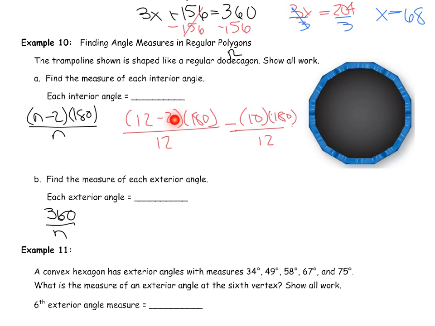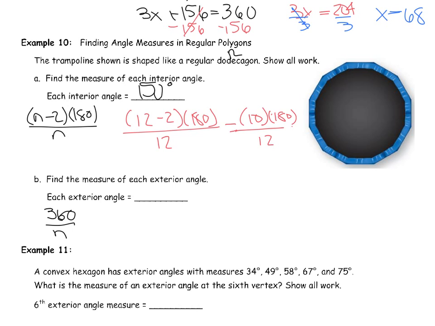When I plug it into this formula, we get 12 minus 2 times 180 divided by 12. That leads us to 10 times 180 divided by 12. 10 times 180 is 1,800, and that divided by 12 is 150.